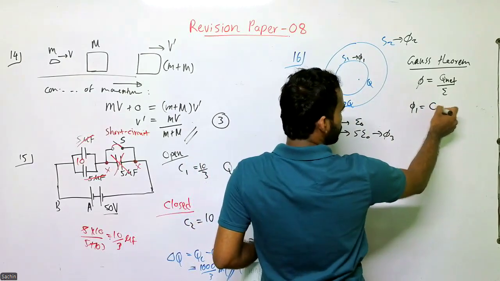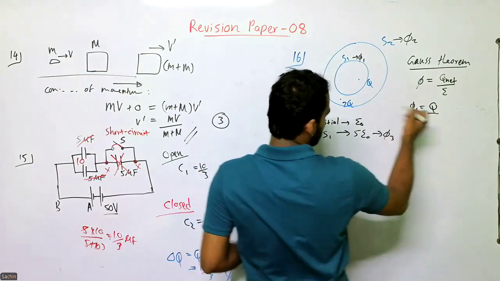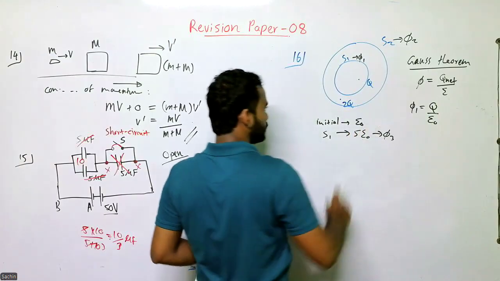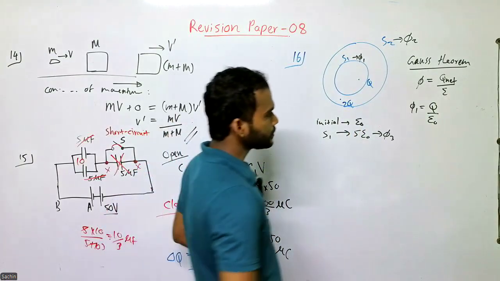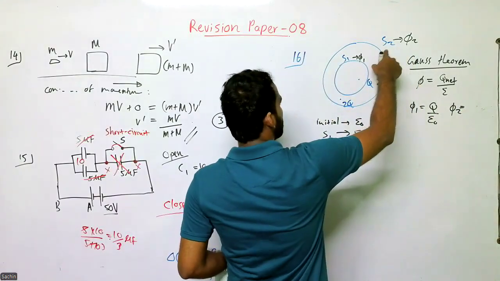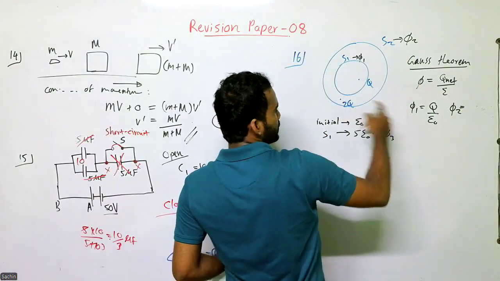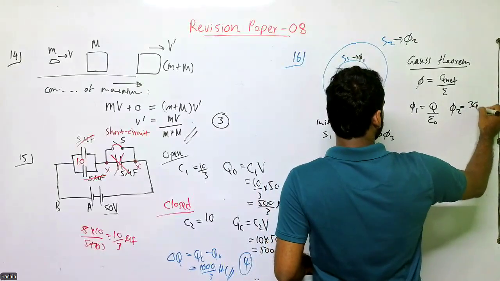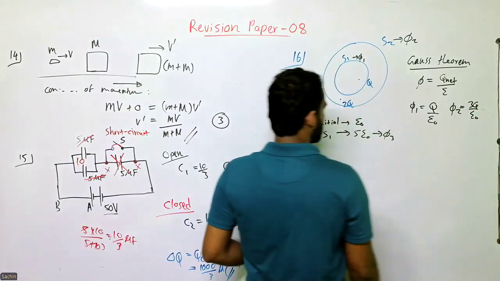So the net charge inside is Q divided by, initially the medium is free medium, that is epsilon naught. So phi1 is this. Phi2 also you can do the same way. Compared to S2, there are two charges inside. So altogether it is 3Q divided by epsilon naught.